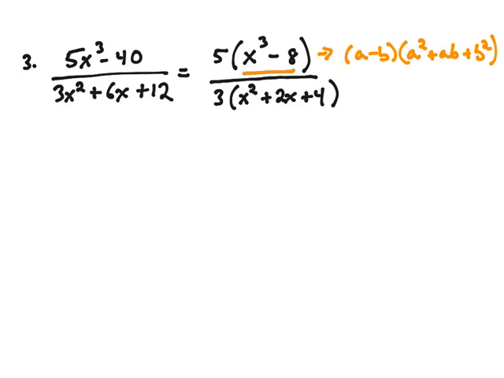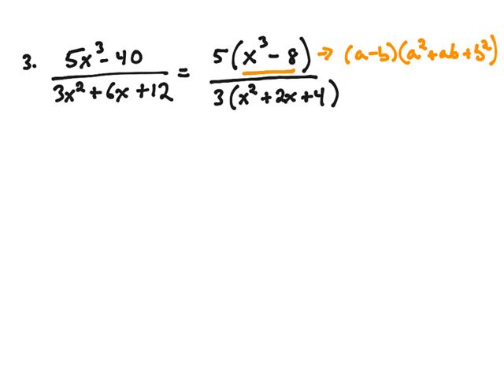Okay, so now remember, when we do the difference of perfect cubes, we have to take the cube root of the first term and the cube root of the second term. The first term is going to be x cubed. So when you take the cube root of that, that's just going to give you x. And when you take the cube root of 8, that's just going to give you 2. Okay? So we want to make sure we understand that.